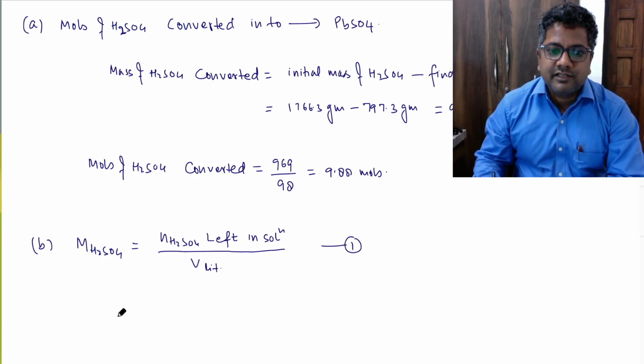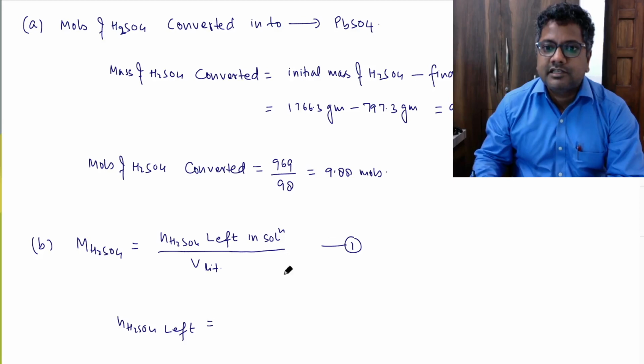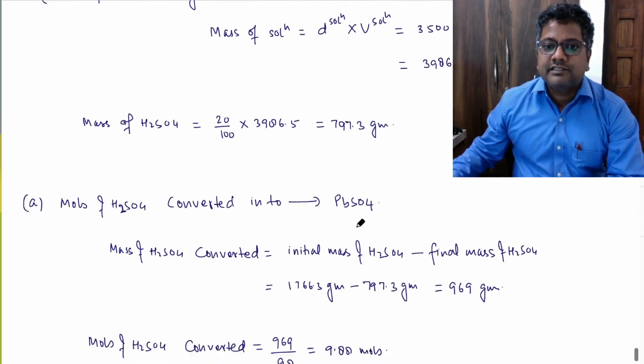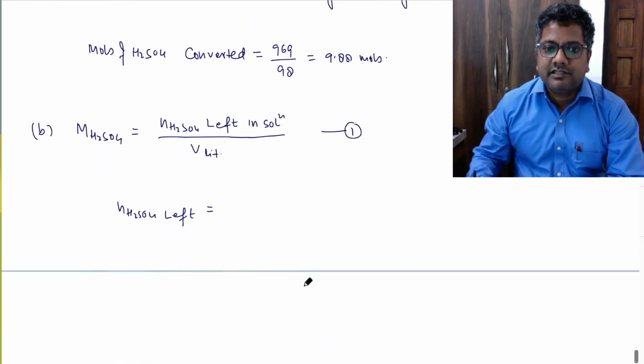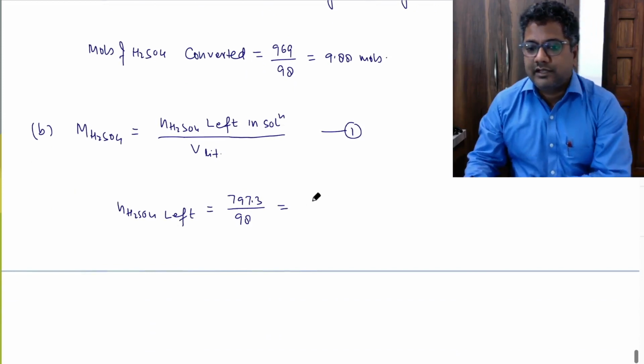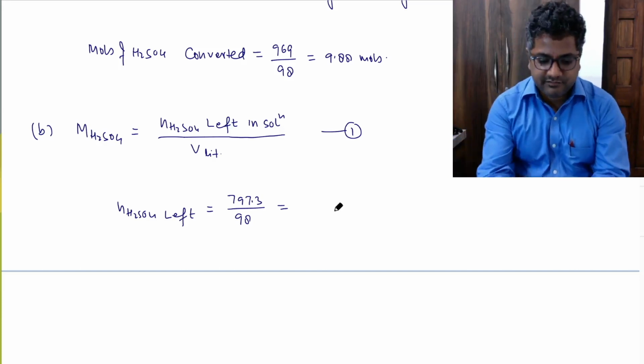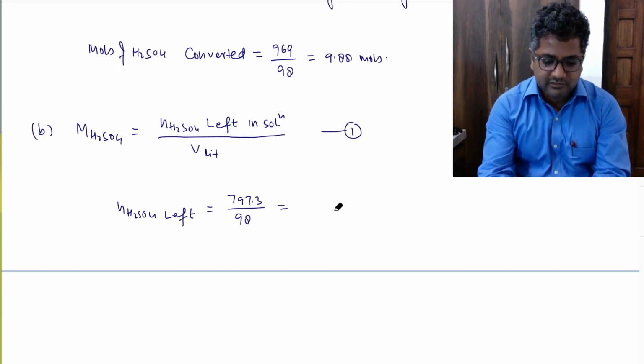So moles of H2SO4 left in the solution is the mass left after discharge, 797.3 divided by 98.